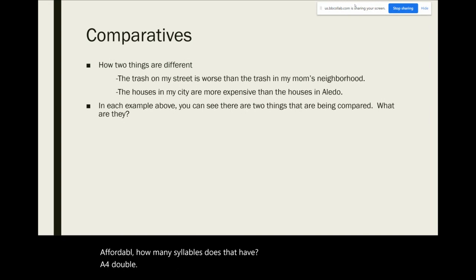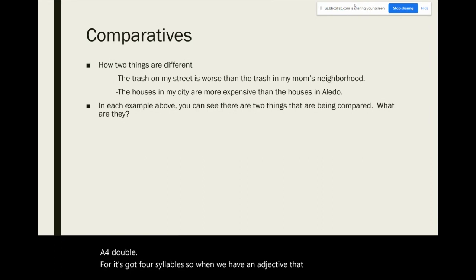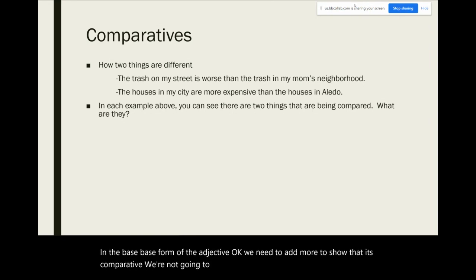It's got four syllables. So when we have an adjective that has two or more syllables in the base form of the adjective, we need to add more to show that it's comparative. We're not going to use ER, okay?